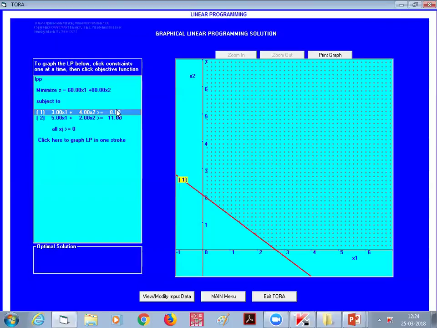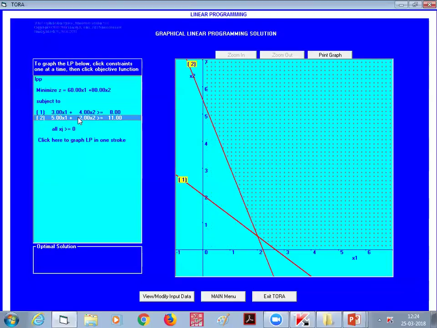And it has to be above this line. For the other one, 11 by 5 is 2.2, and 11 by 2 is 5.5. Again, we click this. Because there are only these 2 constraints, this whole thing is our feasible region, all points above both of these lines.